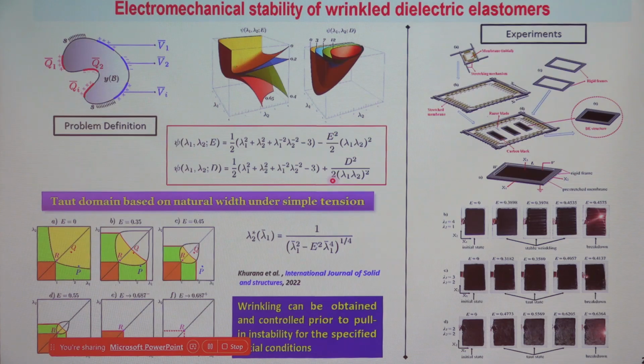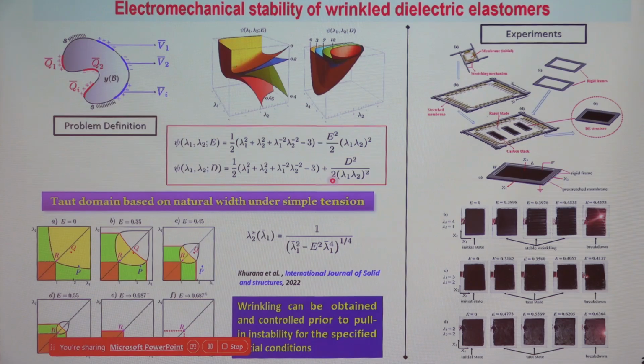You are providing in-plane compressive stress, and out of plane deformation in the form of wrinkles occurs. Those in-plane compressive stresses that develop can be due to mechanical loading or because of the application of the electric voltage. I hope you understand what wrinkling is.